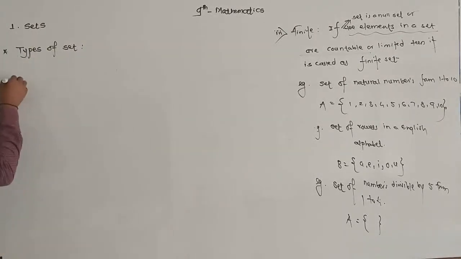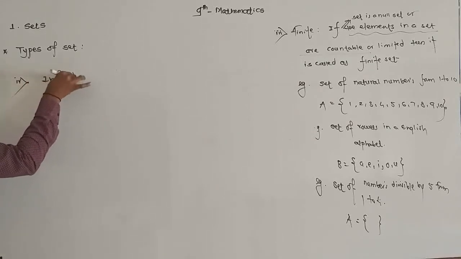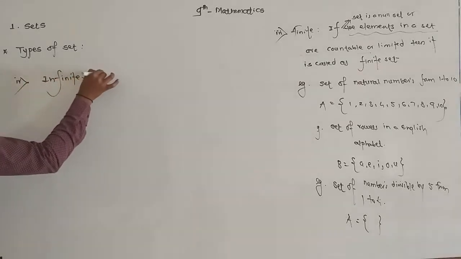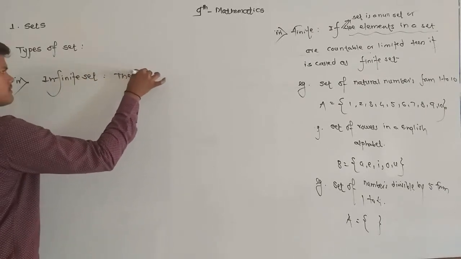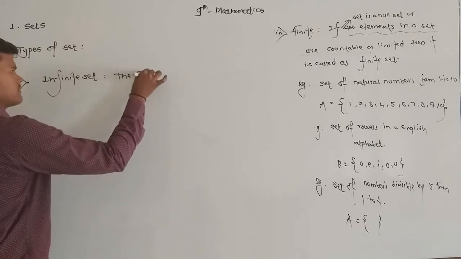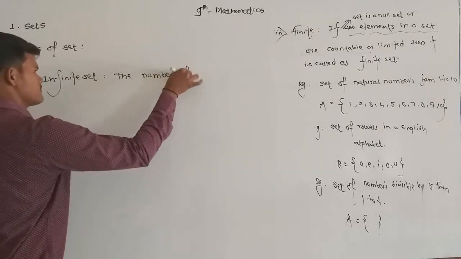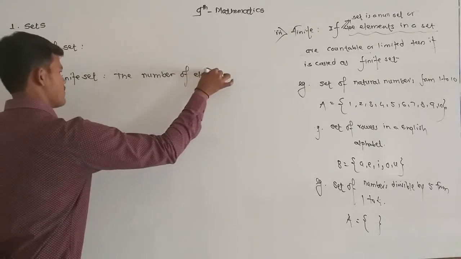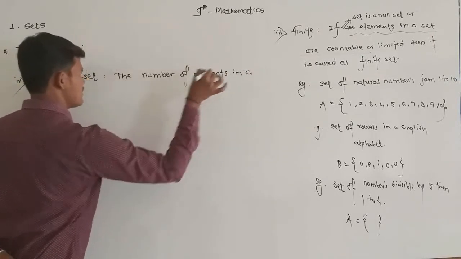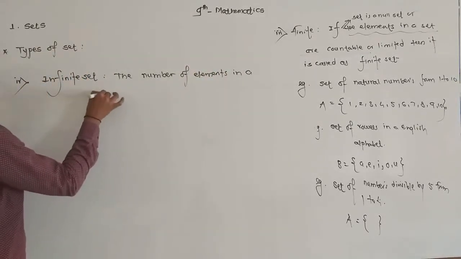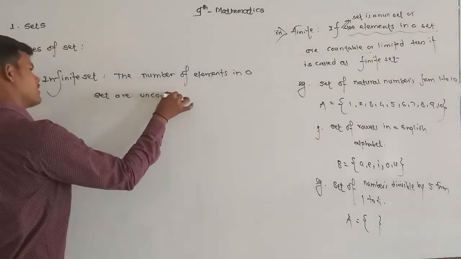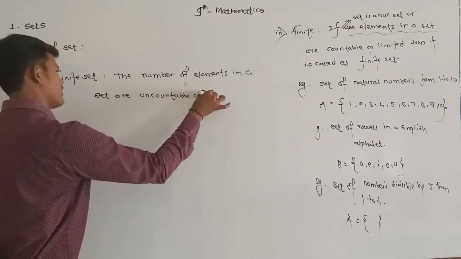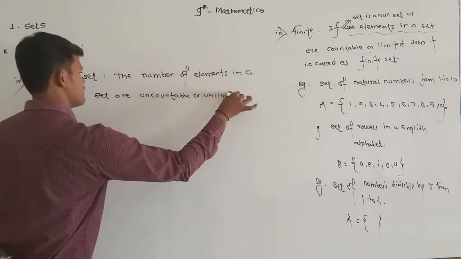The last type is the infinite set. That means the number of elements in a set are uncountable or unlimited.